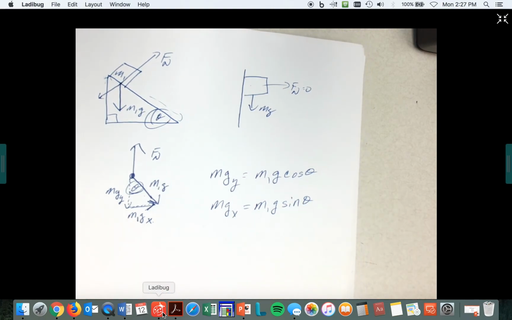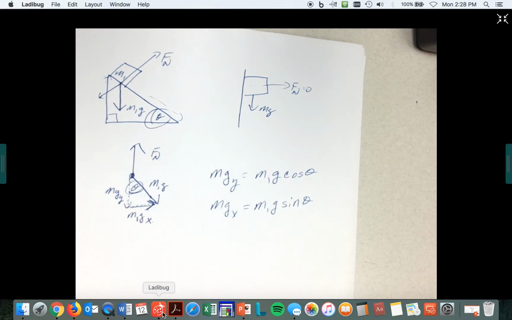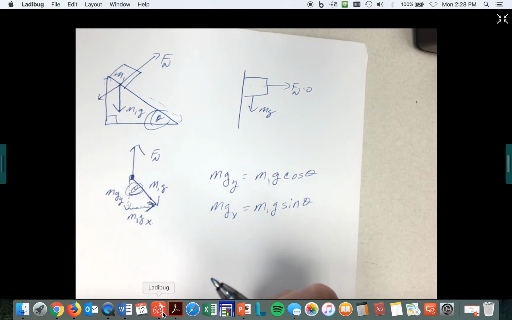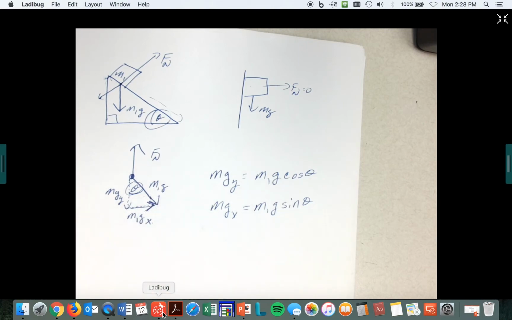What? You mean something in the y direction is a cosine? Yes, because remember, cosine doesn't care if it's x or y. It just cares that it's the adjacent leg to the hypotenuse. And that's what we have.